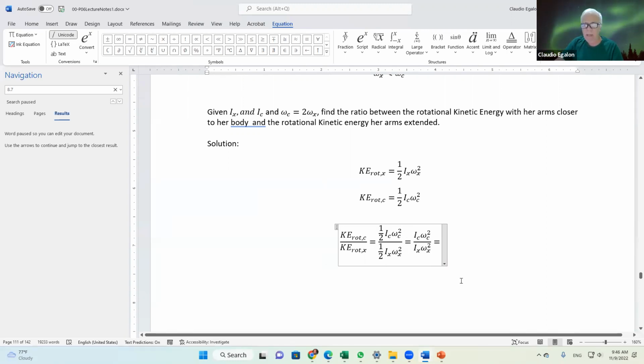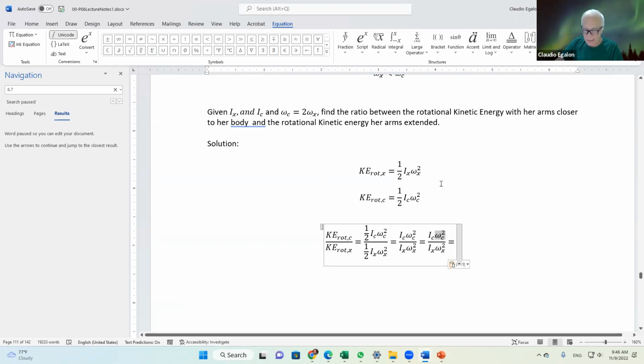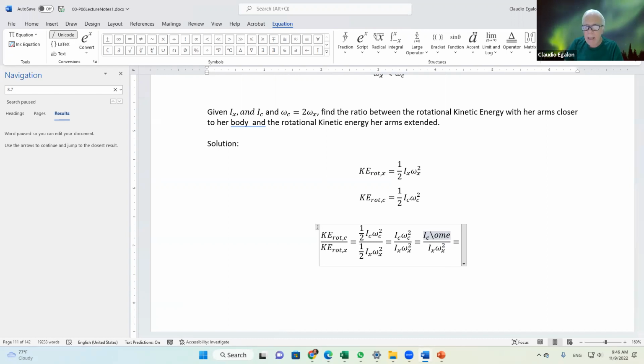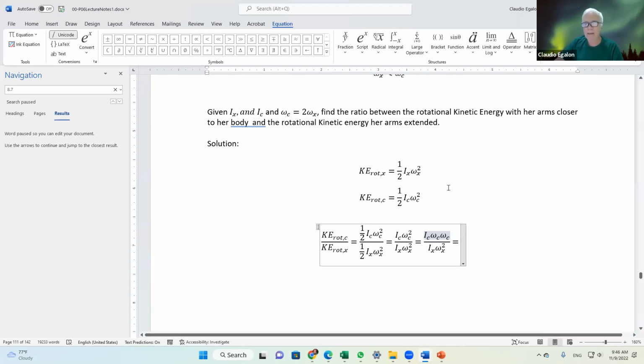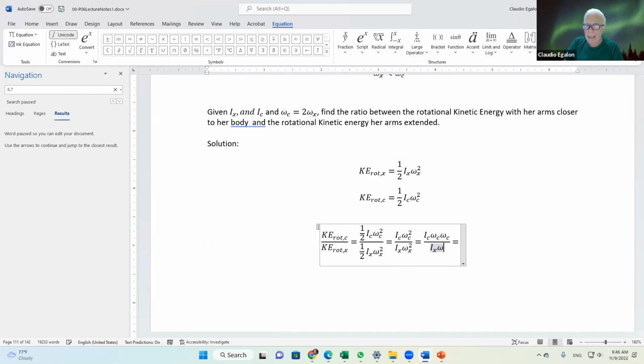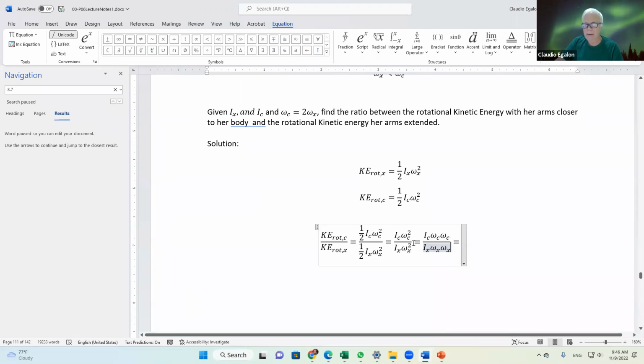The half cancels out, and then the book did an interesting mathematical trick here, right? The book did something like that. Omega C times omega C, and omega X times omega X, right? And now, what else did the book do?